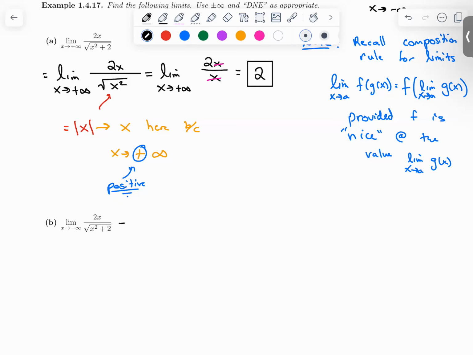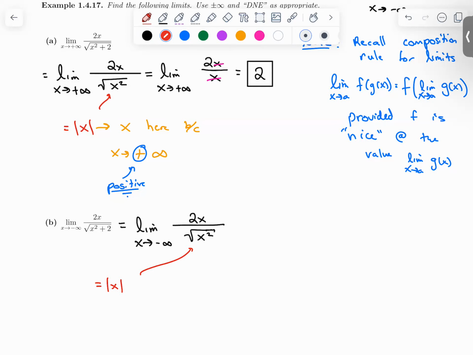So we can just write this as the limit as x approaches negative infinity of 2x over the square root of x squared. Which once again will be equal to the absolute value of x, but because we're approaching negative infinity, the values inside of our absolute value are negative.